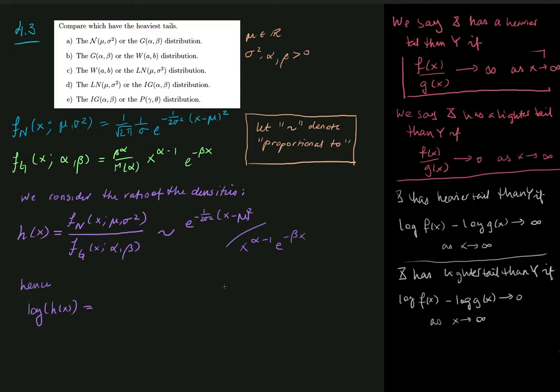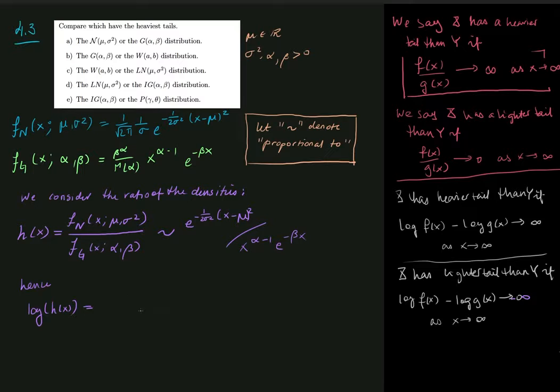And if that logarithm goes to infinity, then I will know that the normal distribution has a heavier tail. And if that logarithm goes to 0, no, sorry, this is wrong here. It needs to go to minus infinity. So if that logarithm goes to minus infinity, then I will know that the normal distribution has a lighter tail than the gamma distribution.